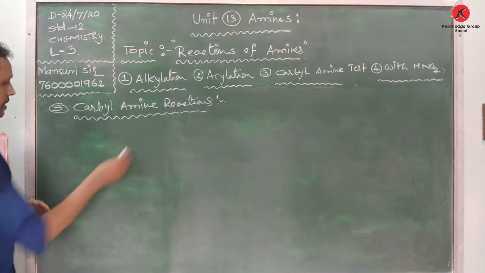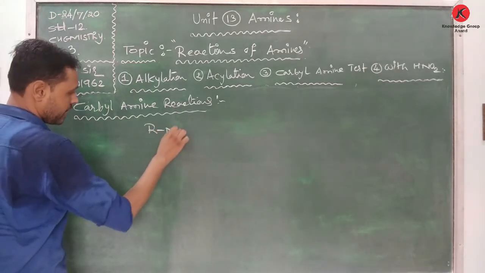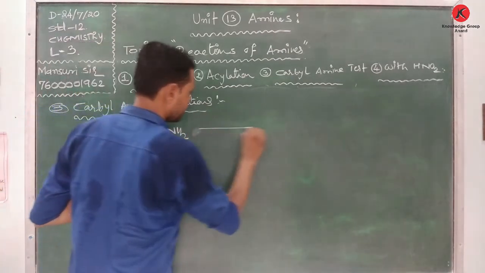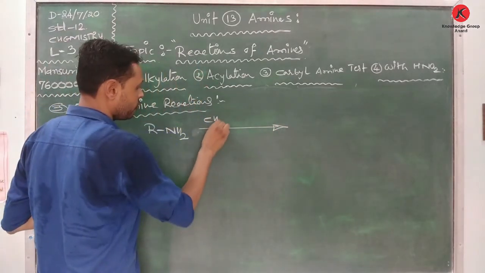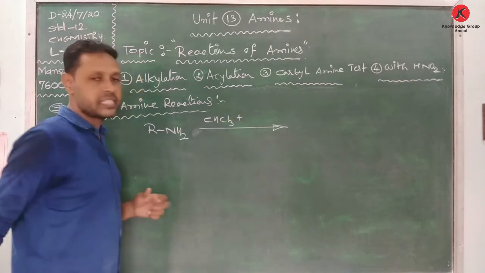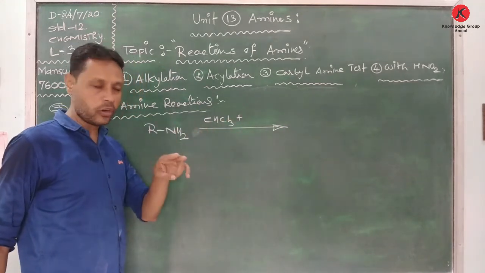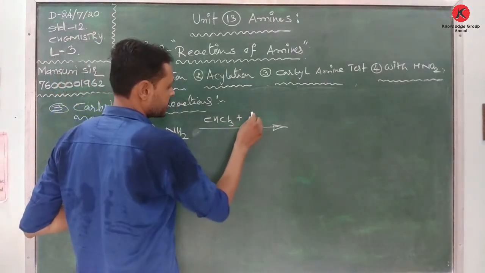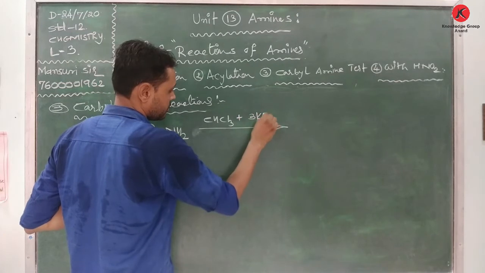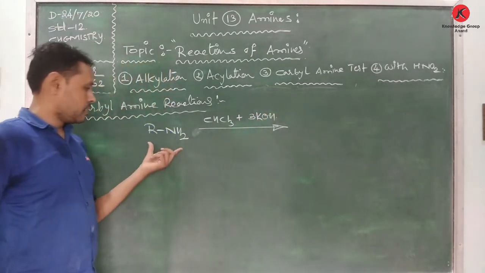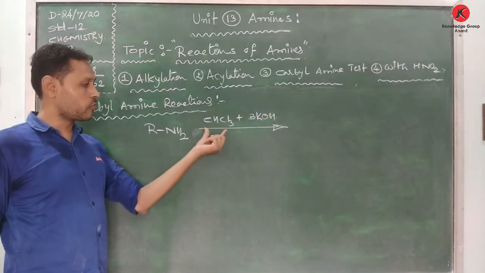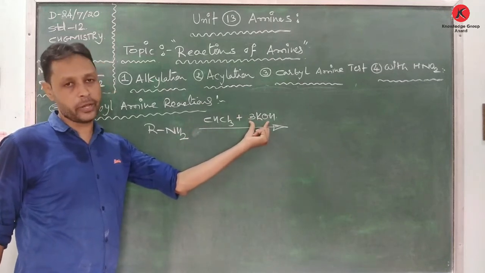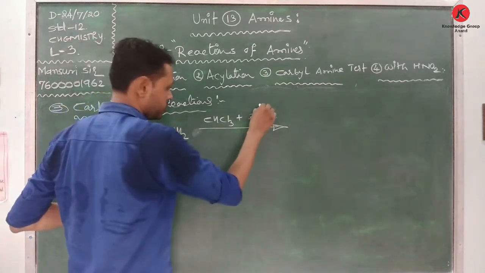We will discuss here NH2, that is your primary amine, reacts with the mixture of CHCl3, which is known as chloroform, or in other words trichloromethane. The primary amine reacts with the mixture of chloroform and alcoholic KOH, alcoholic KOH or alcoholic NaOH, you can say. This should be alcoholic.